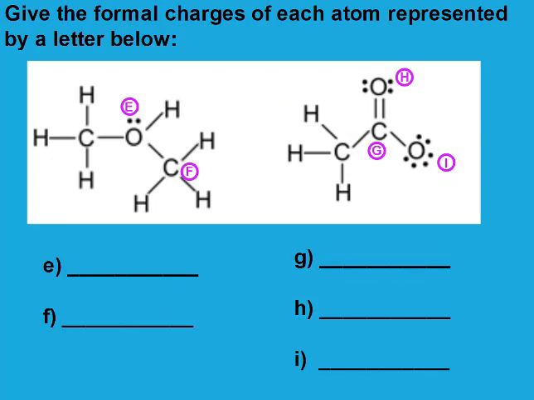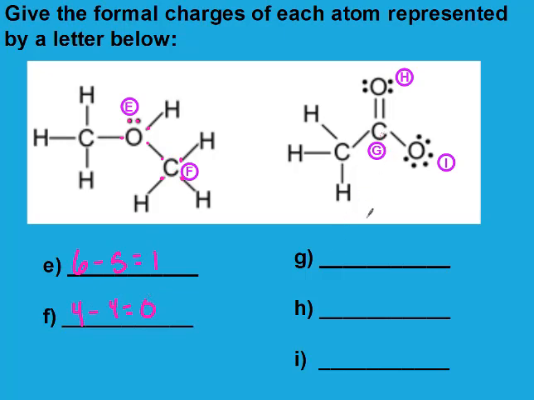And then the last ones of the formal charges, go ahead and pause the video and do these on your own. Restart when you've got these. So for E, oxygen came in with 6, and it currently has 1, 2, 3, 4, 5. So that's a 1. Carbon came in with 4, and it has 1, 2, 3, 4. So that's a formal charge of 0.